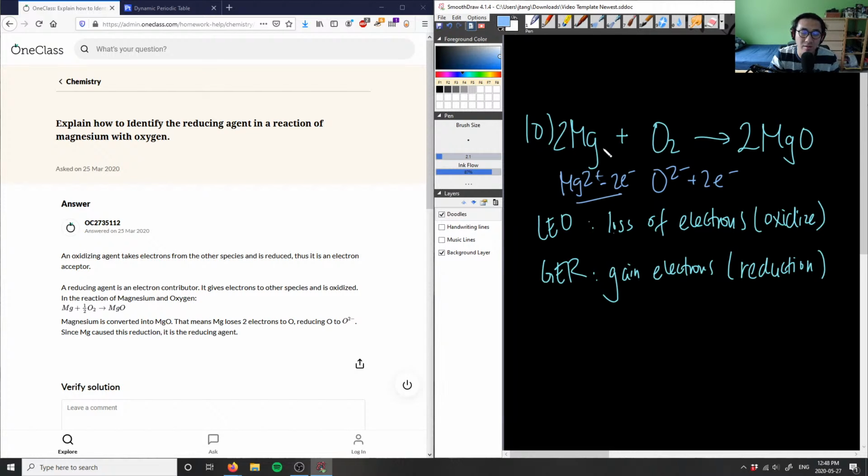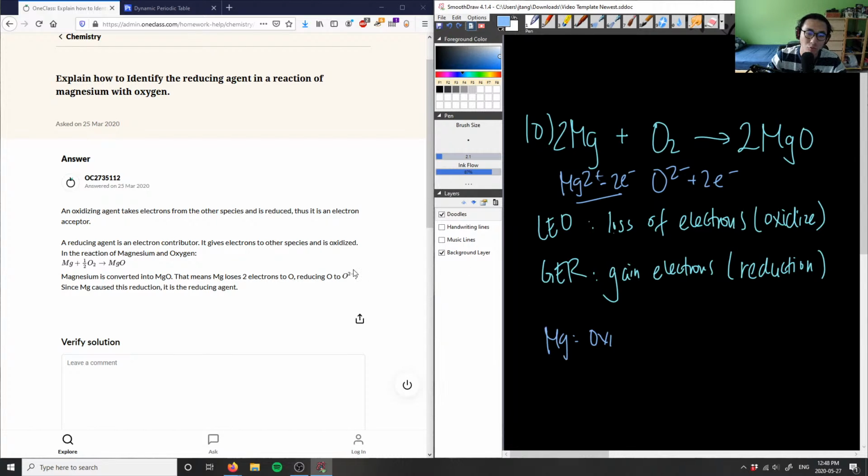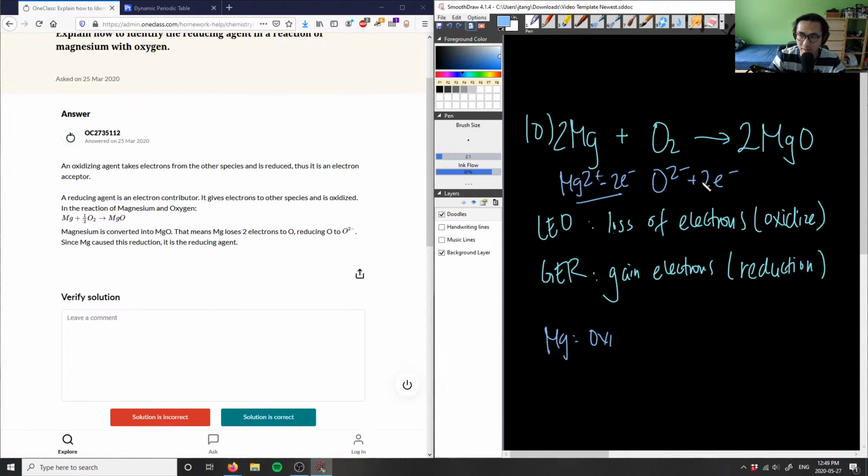The loss of electrons is our oxidation, and magnesium here is oxidized. Because I'm losing electrons on magnesium, and my oxygen is gaining electrons. Gaining electrons, I said, is reduction. So therefore, oxygen here is my reduction agent. So this solution here is incorrect.